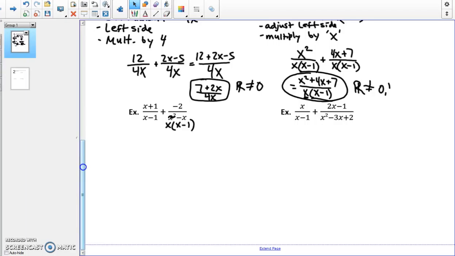When I think of x squared minus x as x times x minus 1, that's going to help me answer my first question, which is what's the common denominator? For this problem, our common denominator again needs to be x times x minus 1. So we're going to have to adjust the left side once again, and in order to get those to match up, we're going to have to multiply the left side by x.